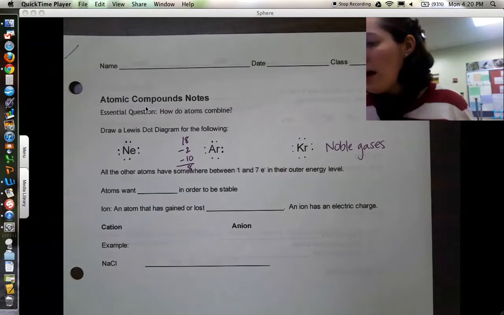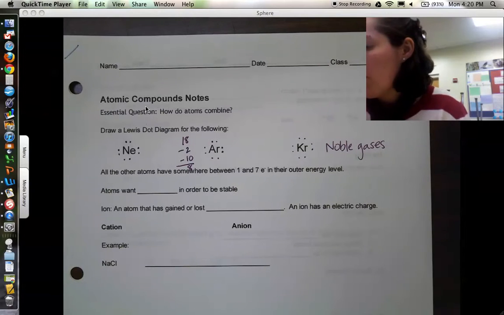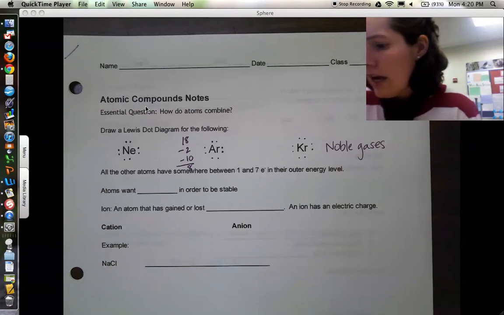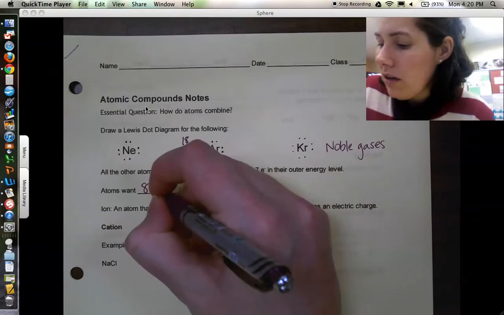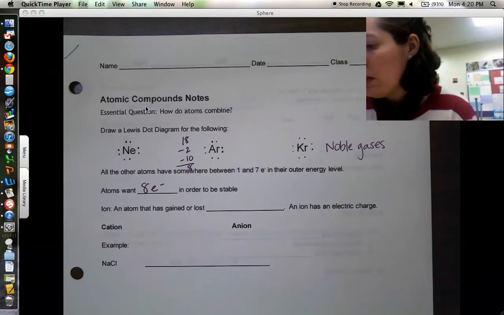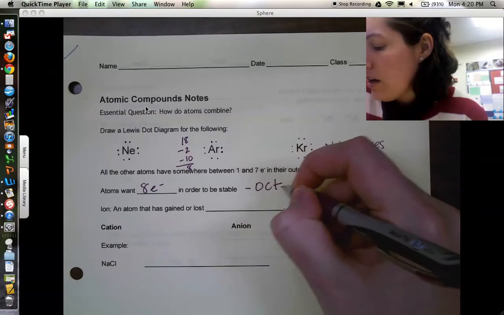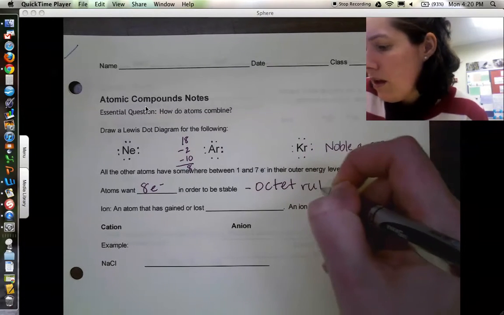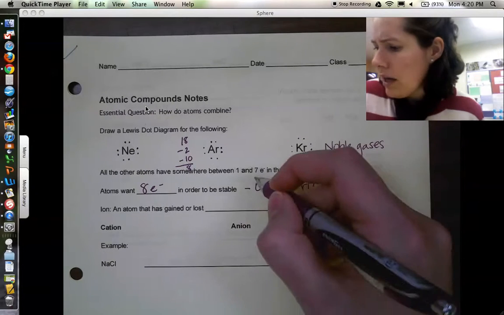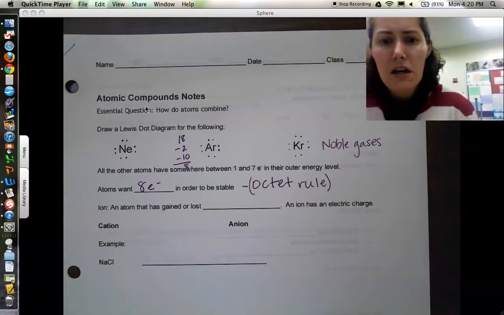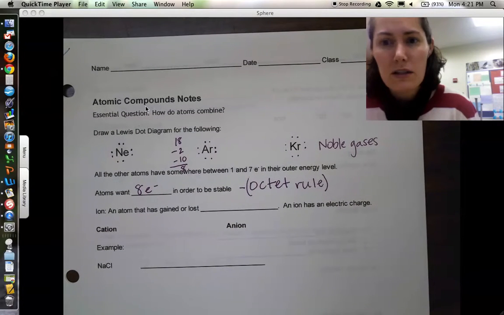So as you can see, these 3 atoms are very stable. They have full outer energy levels. And so how many electrons do atoms want? Well, they want 8 electrons in order to be stable. I think we learned this already, but this is called the octet rule. And the octet rule is something that chemists use to think about how many electrons atoms really like to be stable.